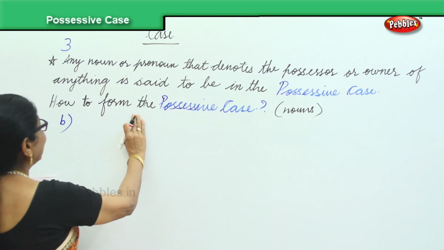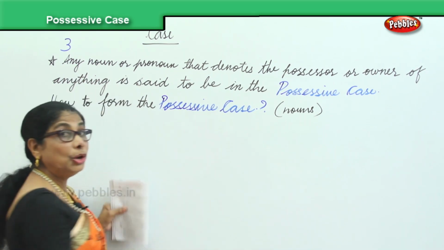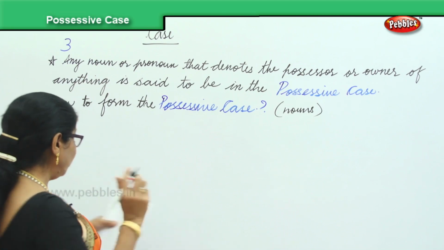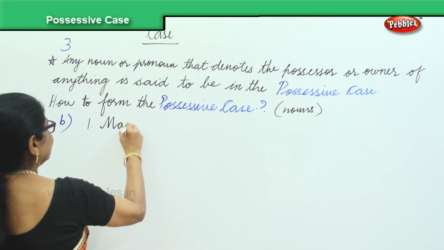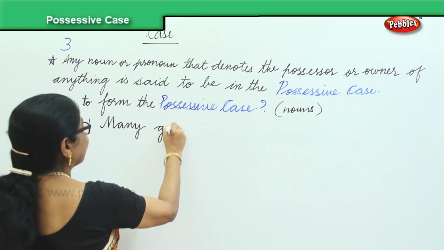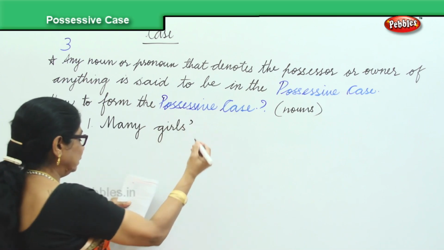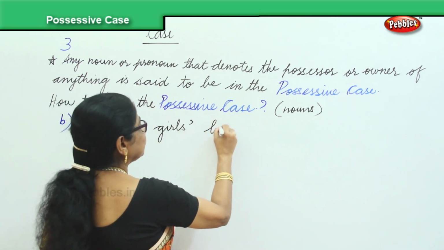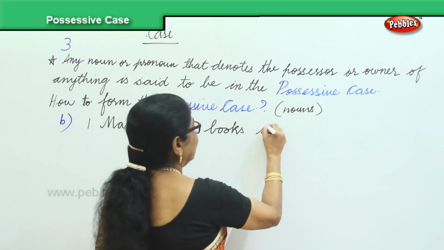Again, look at how to form the possessive case and look at the nouns here. Okay, first one, many girls' books are lost.